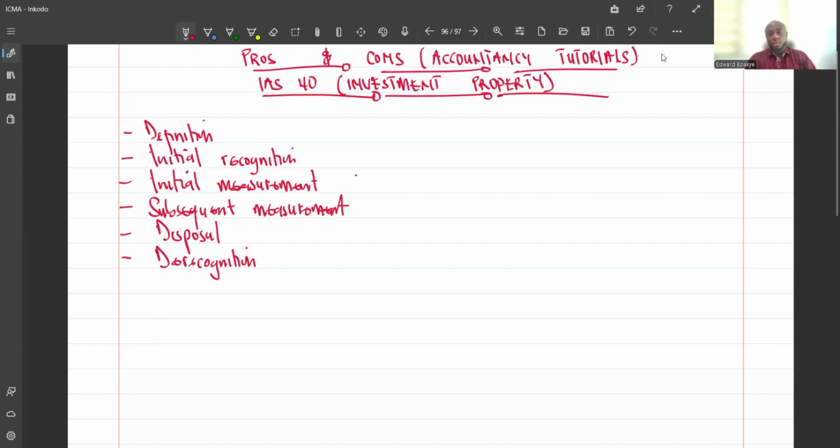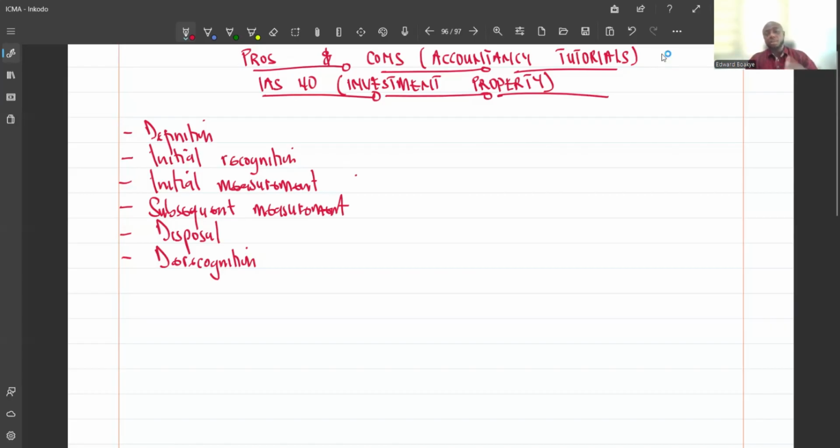So the last time I made mention that if you are dealing with a standard relating to assets, a standard relating to a long-term asset, then your focus will have to be on these issues: the definition, the initial recognition, the measurement, basically the initial and the subsequent measurement, disposal, and then the derecognition criteria.